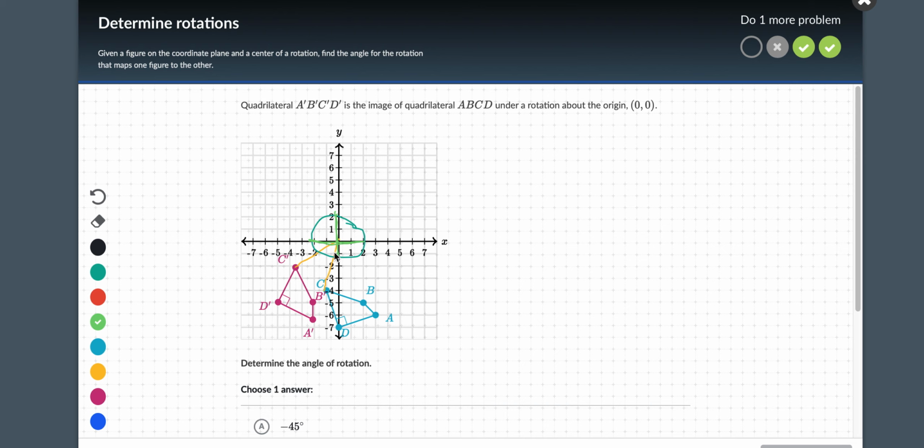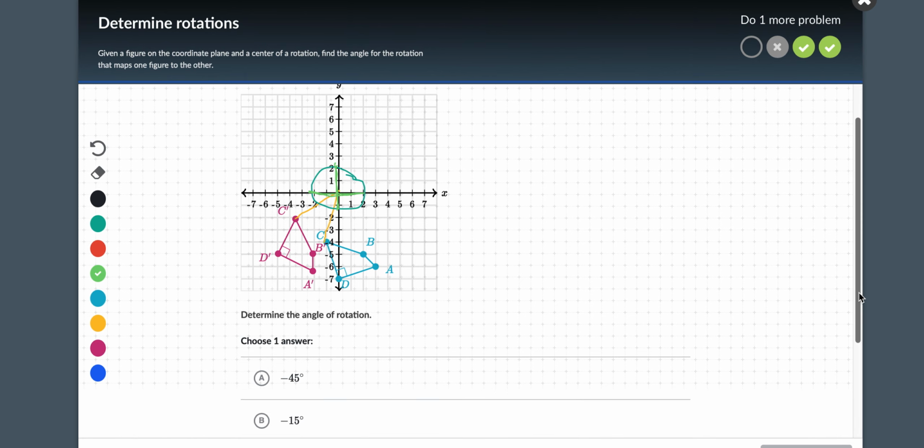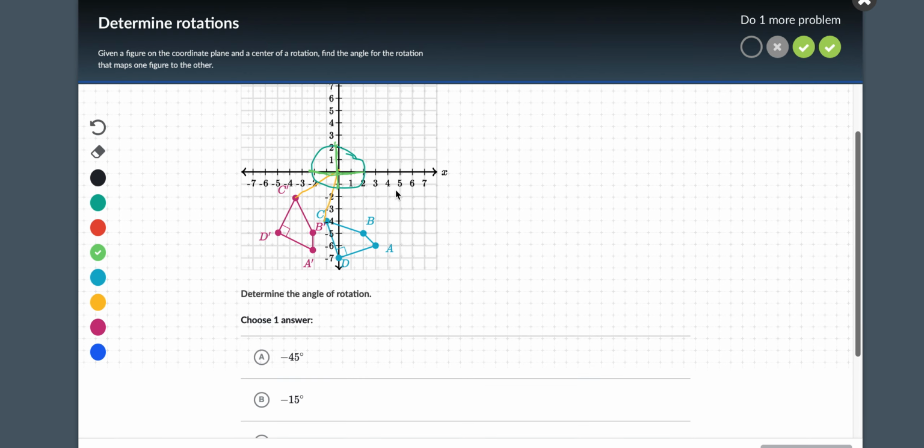Alright. And this area here where it opens is about half of this quadrant. So it's about 45 degrees.